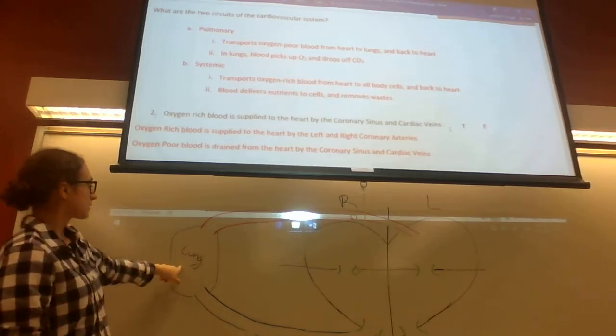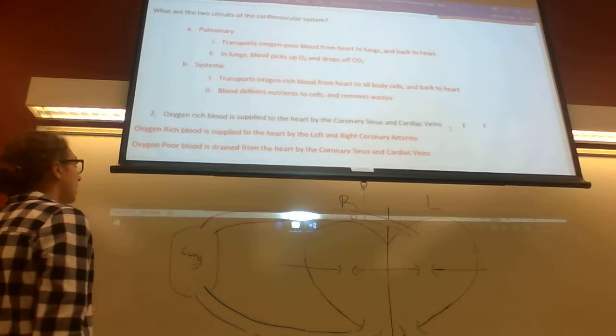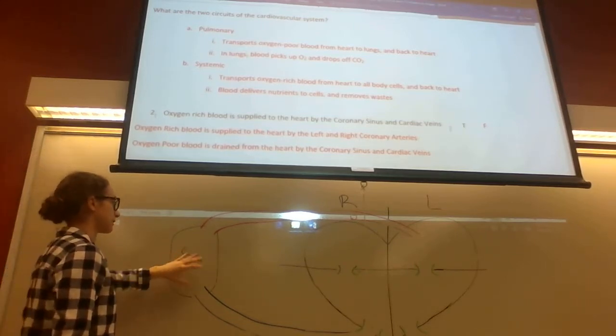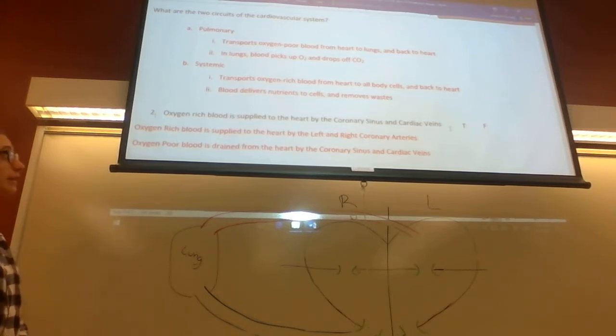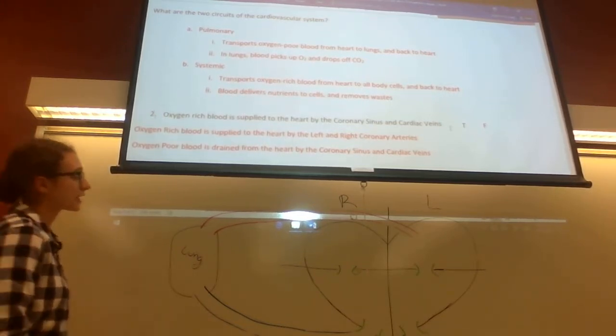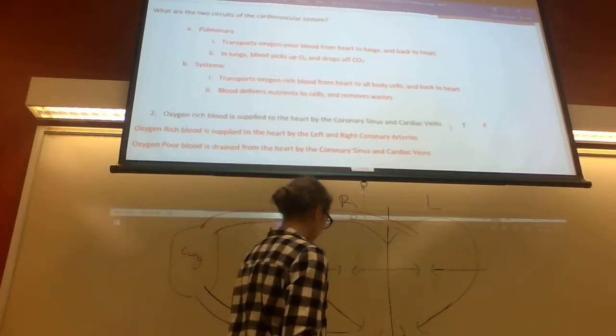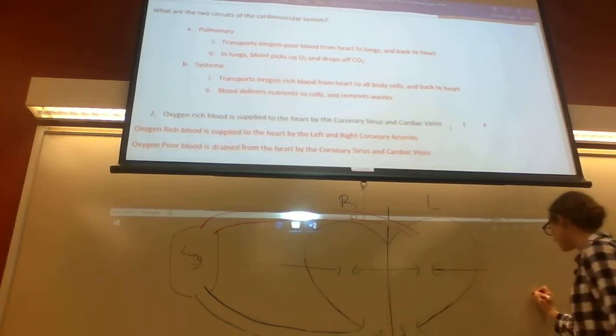In the lungs, within the pulmonary circuit, blood picks up oxygen and drops off carbon dioxide. So it's pretty self-explanatory. In the systemic circuit, oxygen-rich blood is transported from the heart to the rest of the body. So it's going to leave the aorta and go to the body.